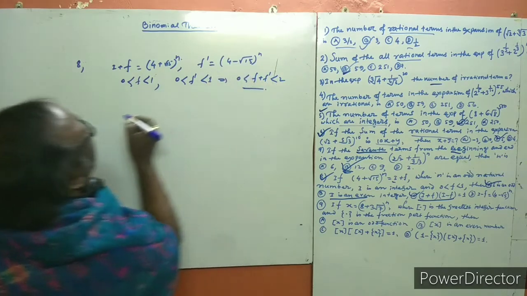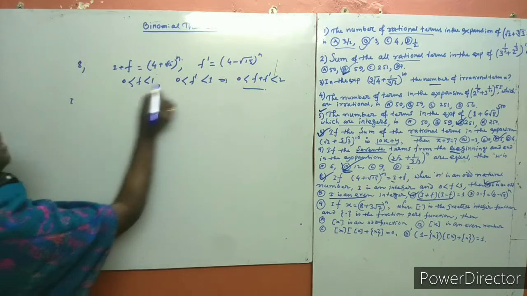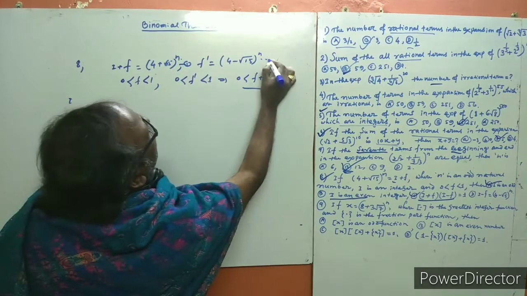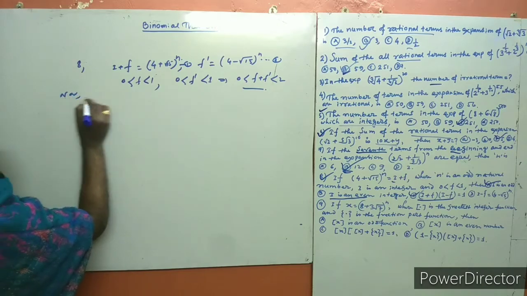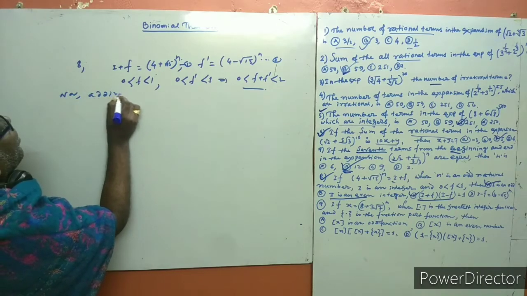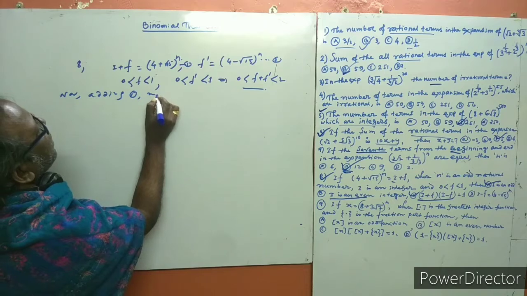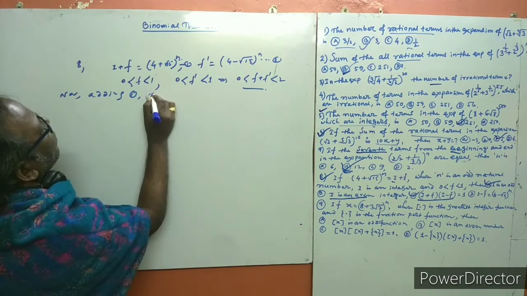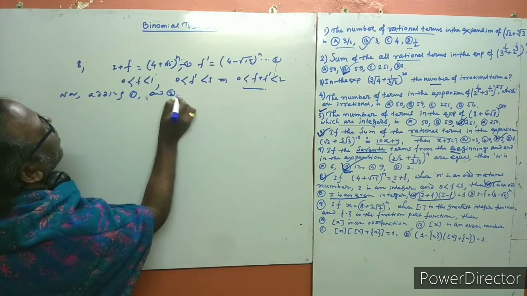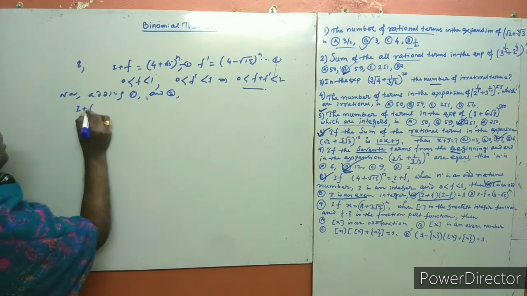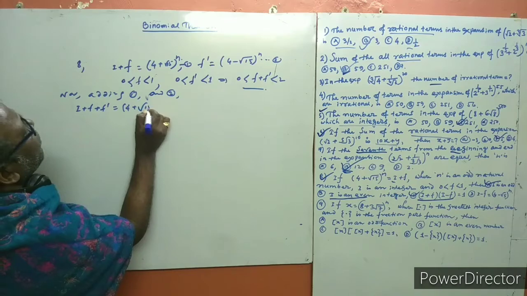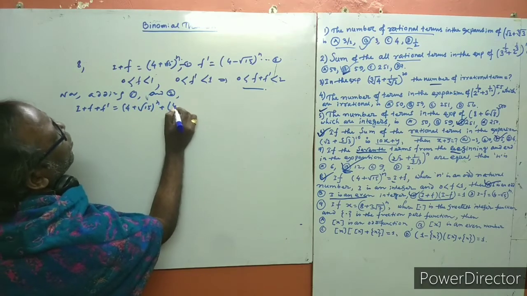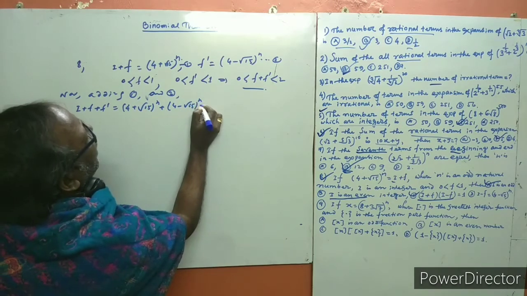Now see, if we add these two, this is 1 and 2 here. Adding 1 and 2, we get I plus f plus f dash, and that is 4 plus root 15 to the power n plus 4 minus root 15 to the power n.